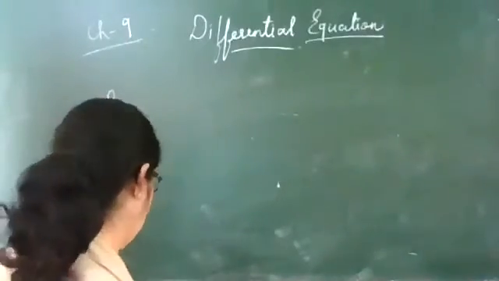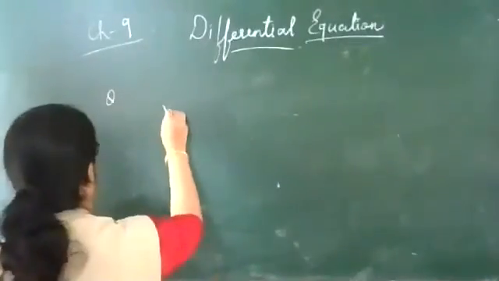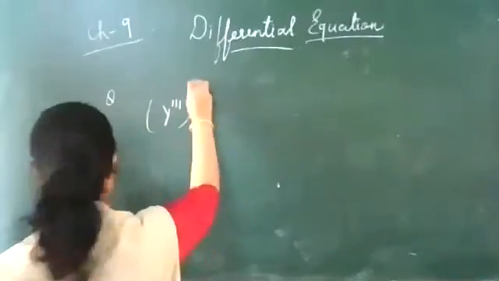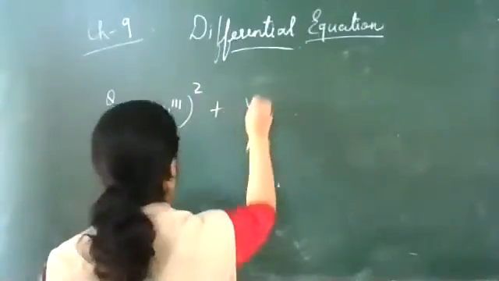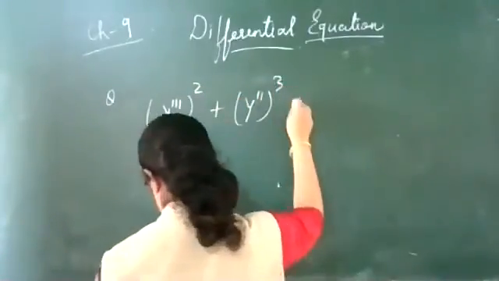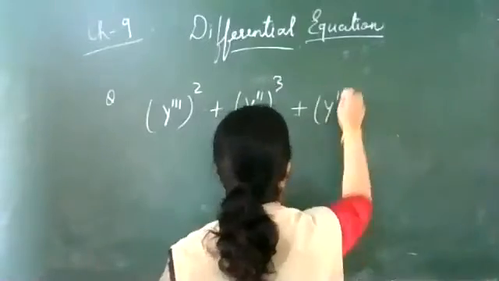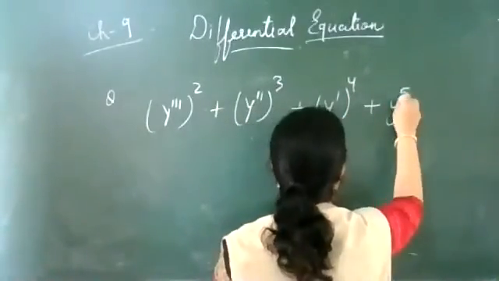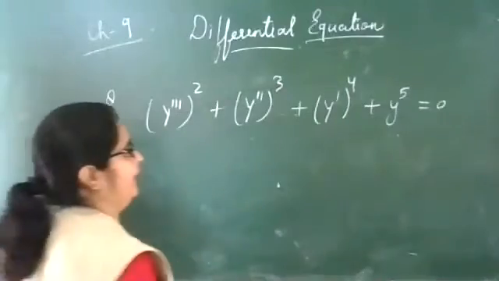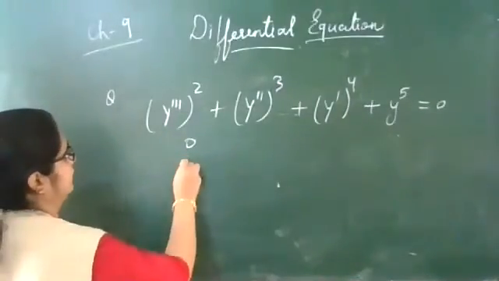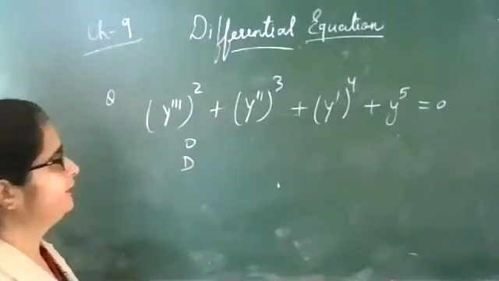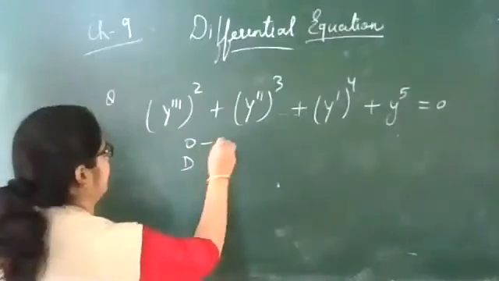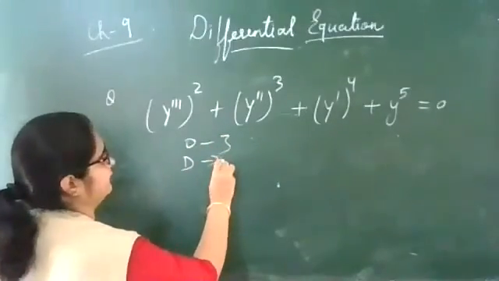Number 6 is (y triple dash) whole square plus (y triple dash) whole cube plus y dash to the power of 4 plus y to the power of 5. Now, what is the order and degree? Order is 3 and degree is 2.